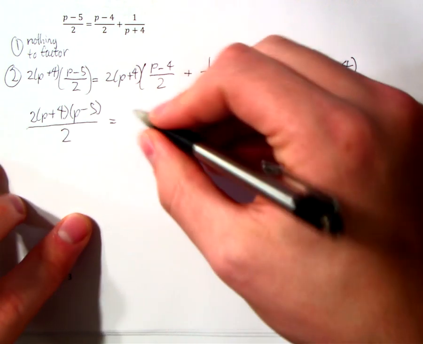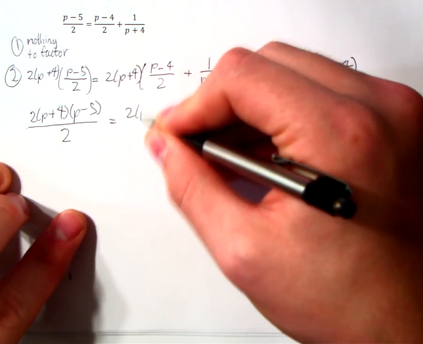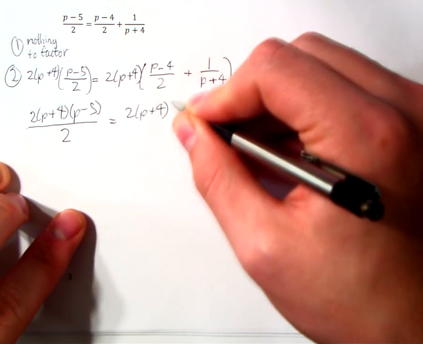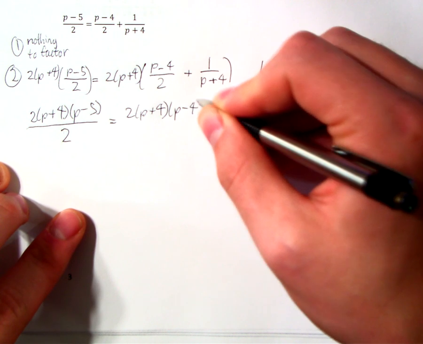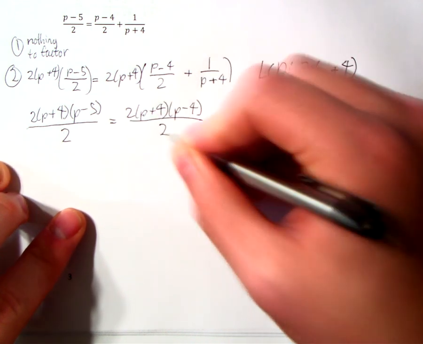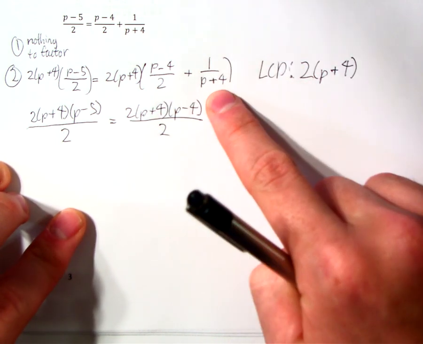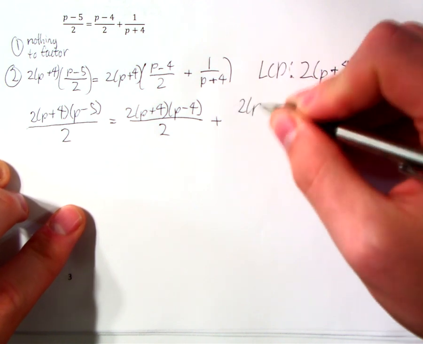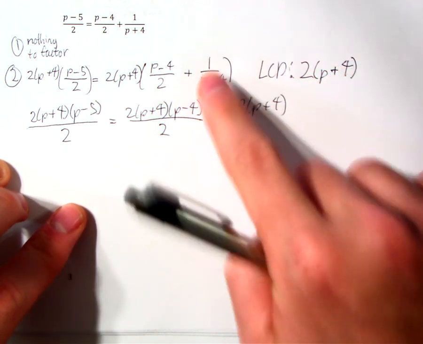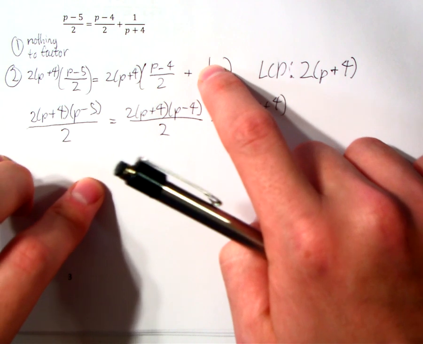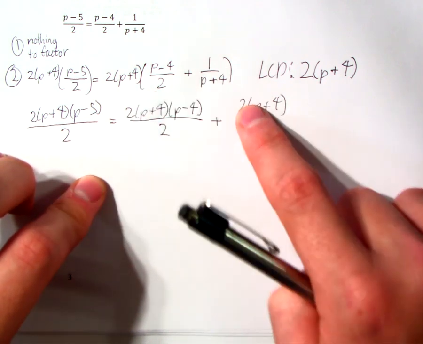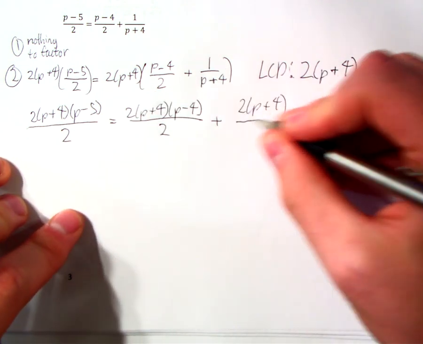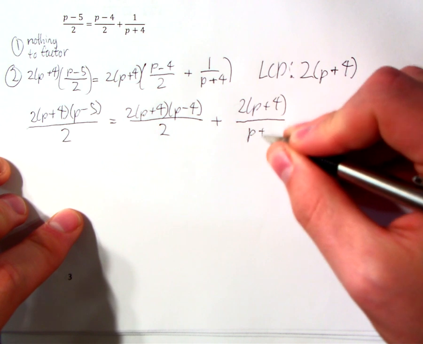So here's the first rational expression. It's going to be 2 times p plus 4 times p minus 4, all over 2. And then my second rational expression is going to be 2 times p plus 4 times 1, but anything times 1 is just itself. So I'm just going to write 2 times p plus 4 over p plus 4.